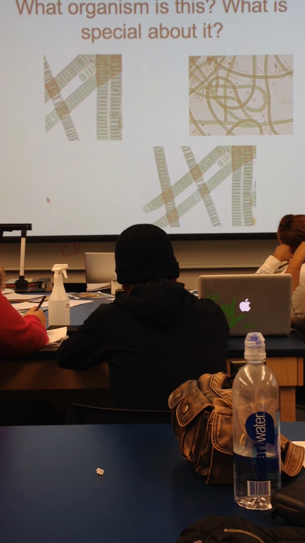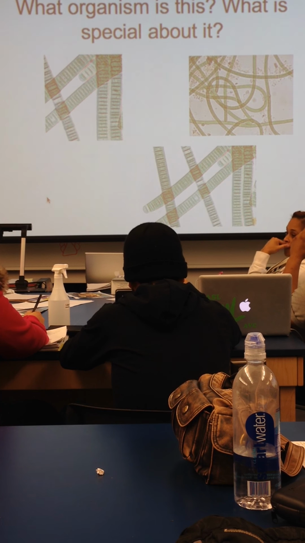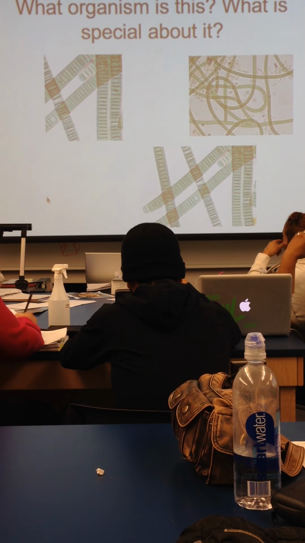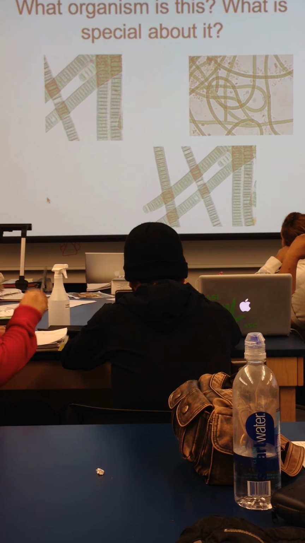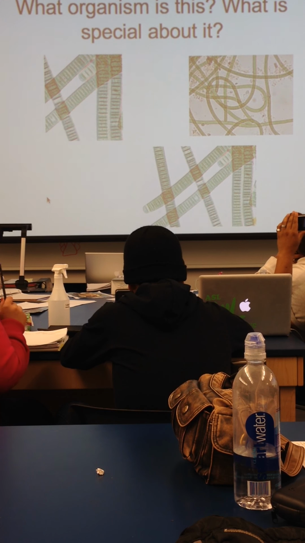All right? So, what organism is this, and what's special about it? Sorry, I can't hear you. It's a colony. Yes, it's colonial, but it does not start with a V. What kind of kingdom is this? No. It's bacteria, and it's colonial. This was the Bacillus colonial we looked at. Anyone remember it?